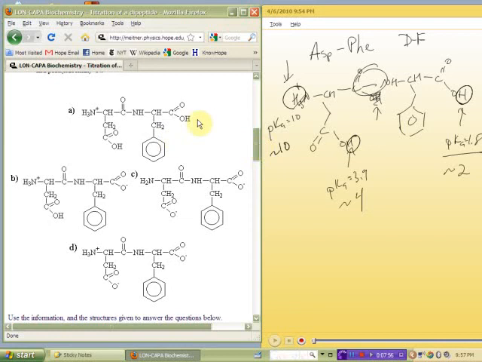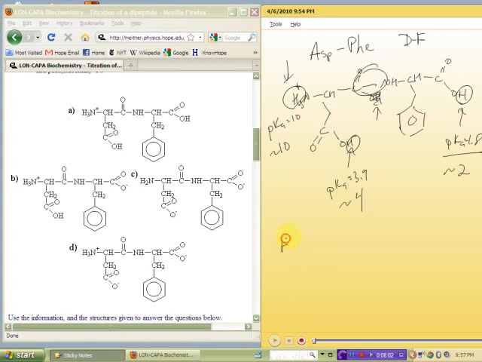The fully protonated version, that's this guy, that's A. We'll call that H3 B. How about? That was letter A. And then there is the singly deprotonated, the first.